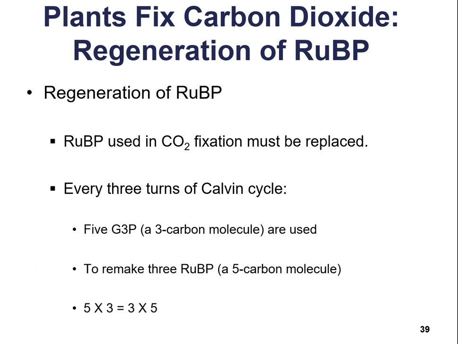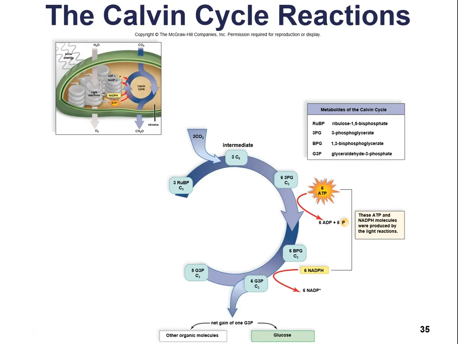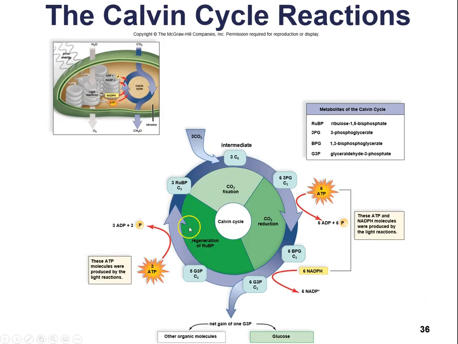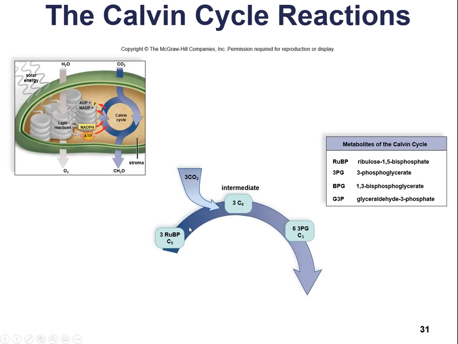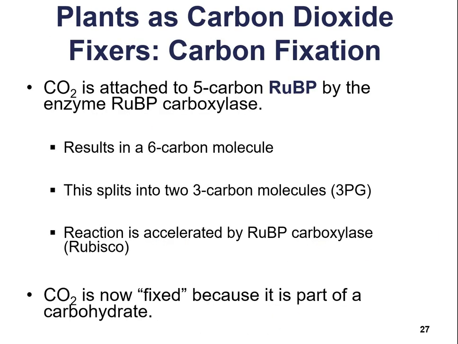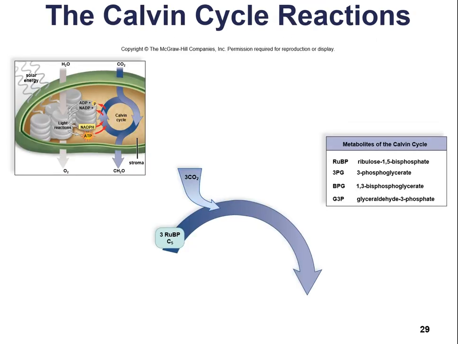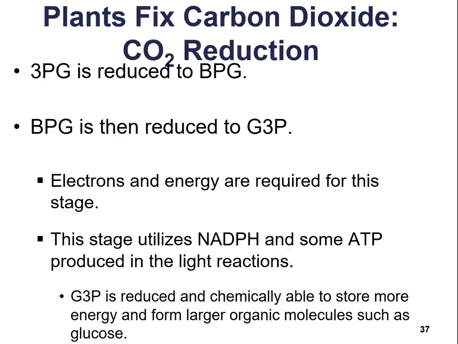I want you to know the main function of each of those 3 phases of the Calvin cycle that we went through, and what's basically happening at each one of those stages. And you can see it from this diagram, right? You can also read it in words from each one of these slides here. So again, carbon fixation, carbon dioxide reduction, right? What's happening?